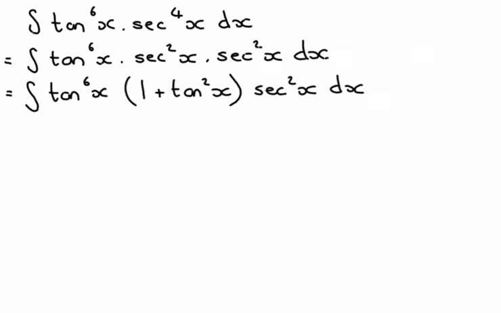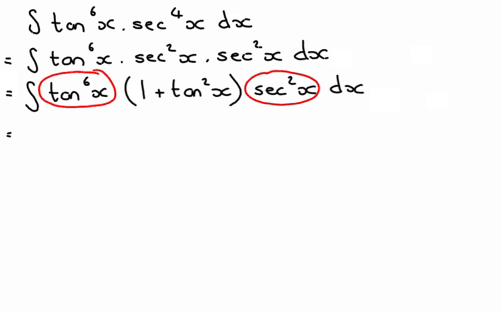Now we're going to multiply in. Remember that needs to be multiplied in, and that needs to be multiplied in, to both the 1 and the tan squared x, to get two terms.